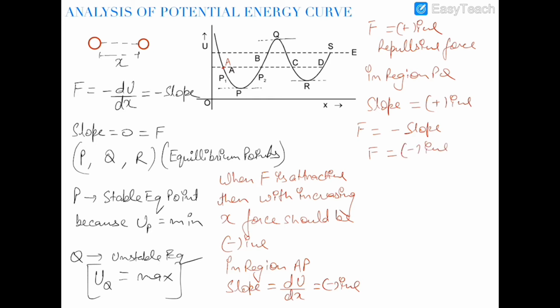Negative force means that with increasing x, the force is trying to bring the particle back to its original position. So the negative force represents its attractive nature. This is the attractive force.